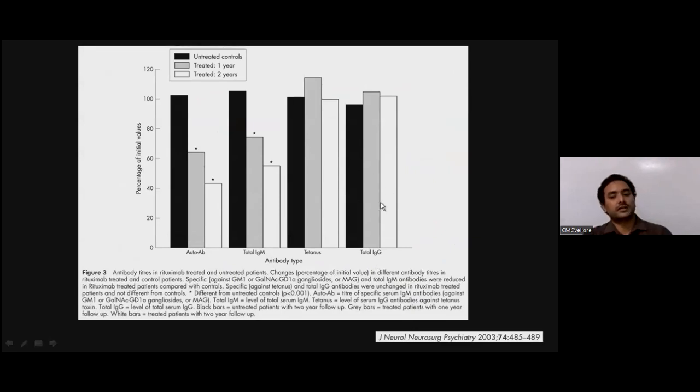Usually rituximab is less responsible for IgG-mediated problems, but it is well seen with IgM autoantibodies. In fact, the last talk was about IgG4, that's why it did not work. That is the confusion. This is the study.